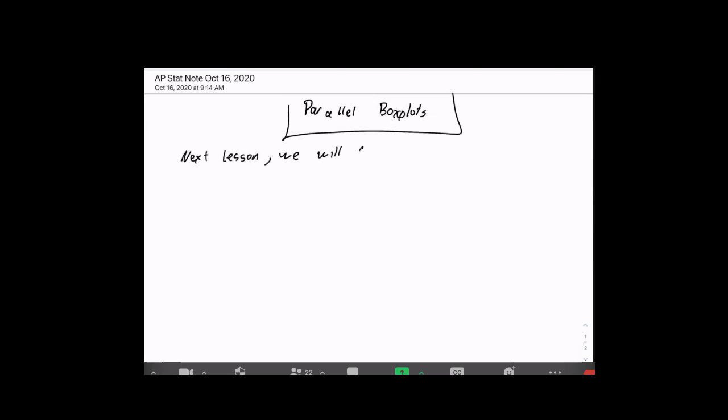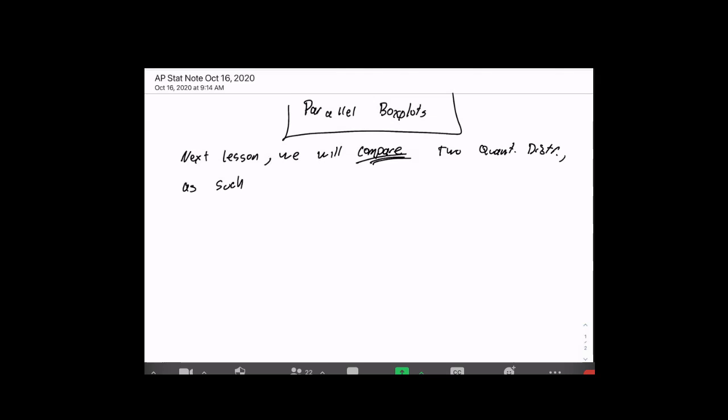We will compare two quantitative distributions.